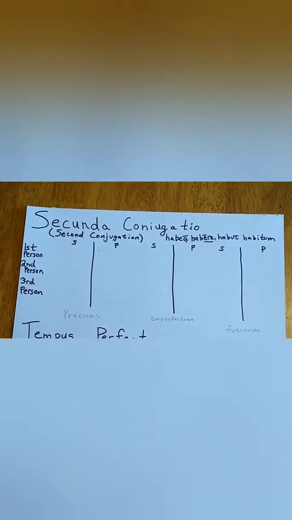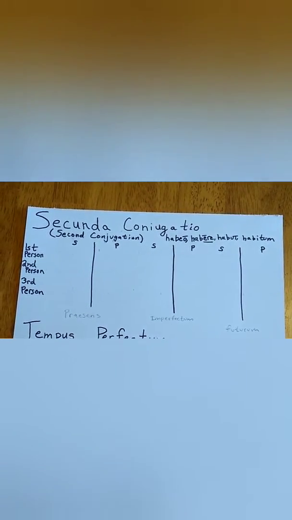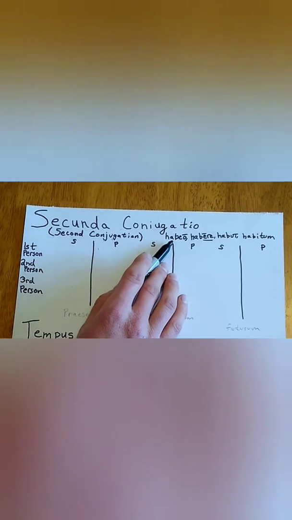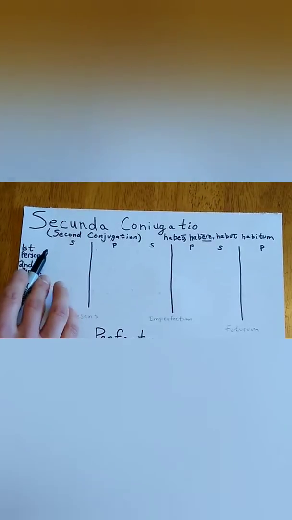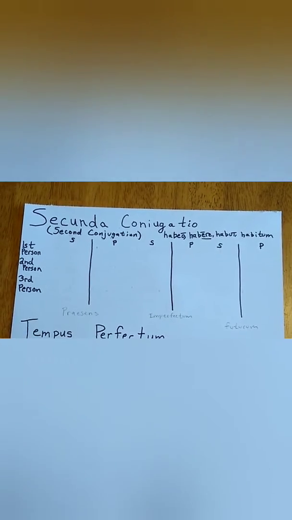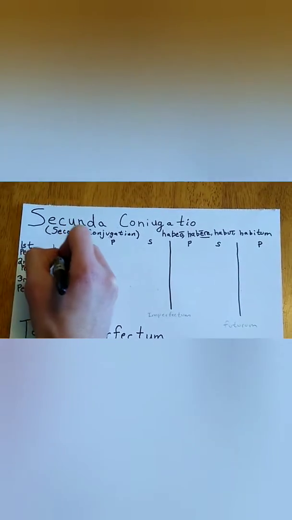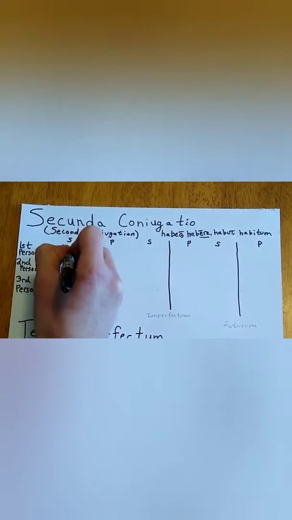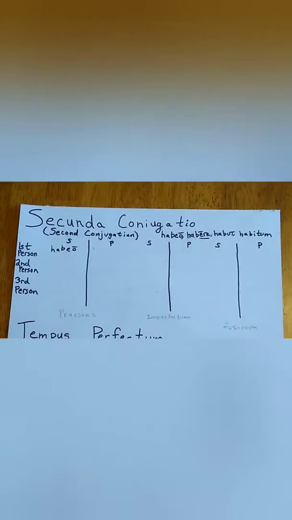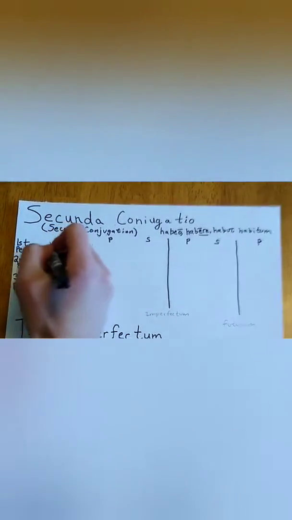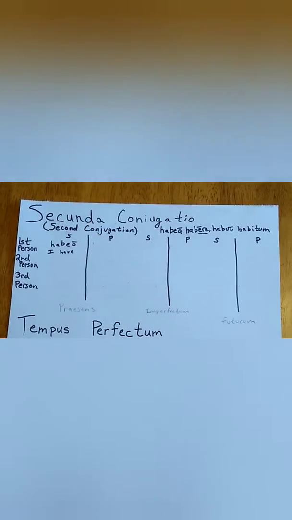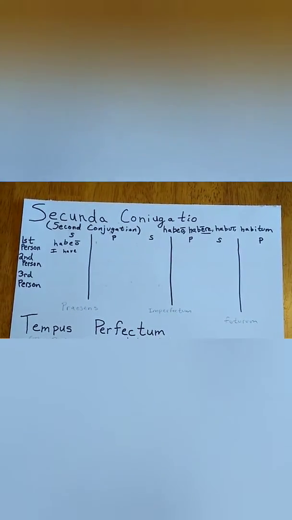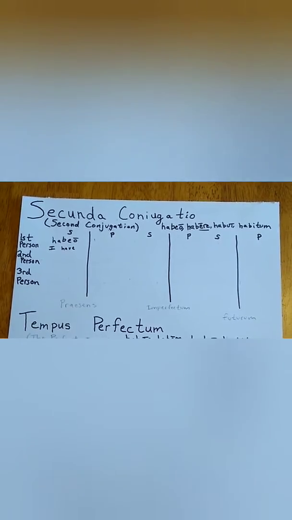So in order to conjugate it in the present tense, first we take our first principal part, habeo, and we just put it in our first person singular present. Habeo. Very easy first step. And of course, habeo means I have. Then we need to find the stem, per usual.